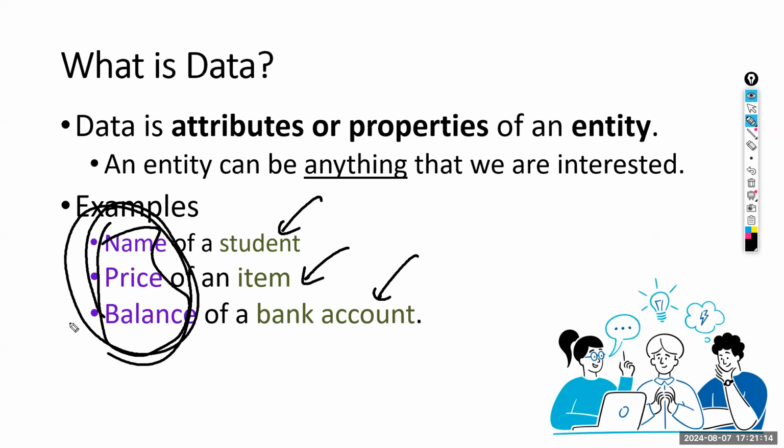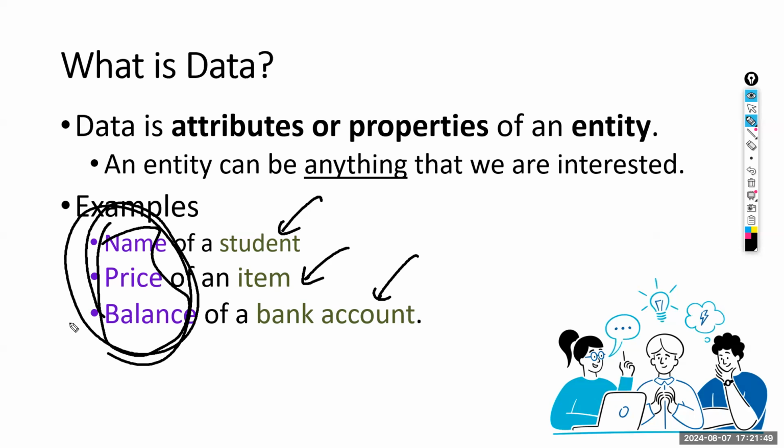So therefore, when someone gives you an example, you must be able to identify whether it is data, or information, or an entity. That is the basic skill, right? For example, if I say hydrogen, you know that it's an element that you have learned in your O level, right? But if I say water, H2O, you know that that is not an element, that is a compound. If I say something like neutron, you know that that is not a compound or element.